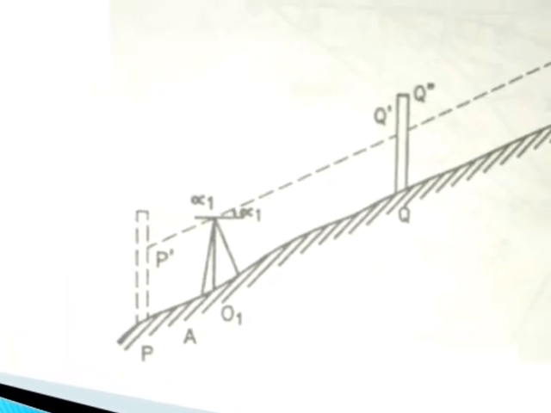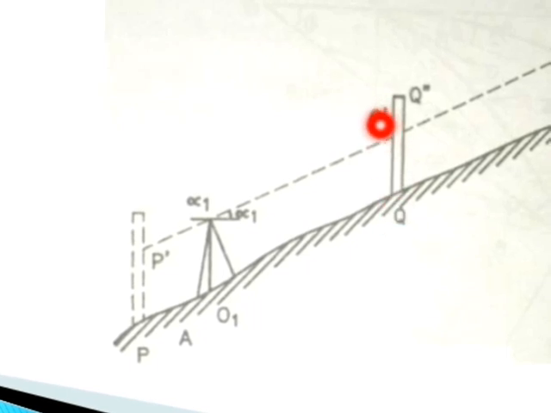Take the foresight QQ dash on the staff held at the turning point Q, without changing the vertical angle. The angle is the same. Measure the slope distance PQ.